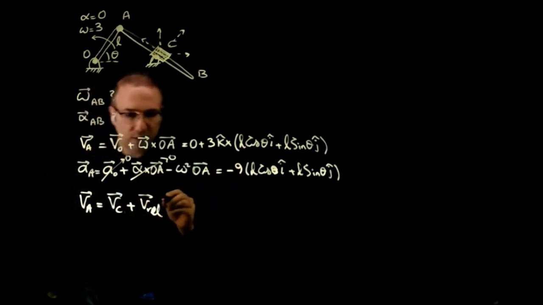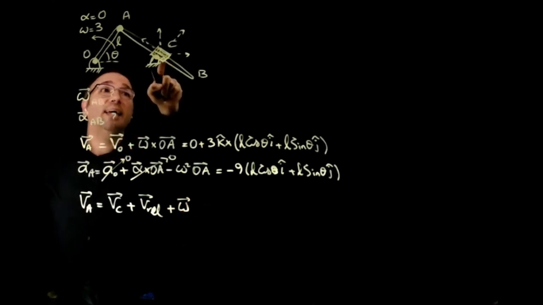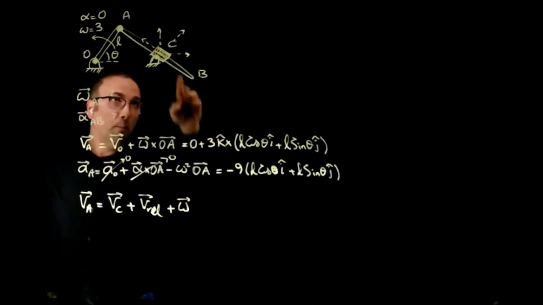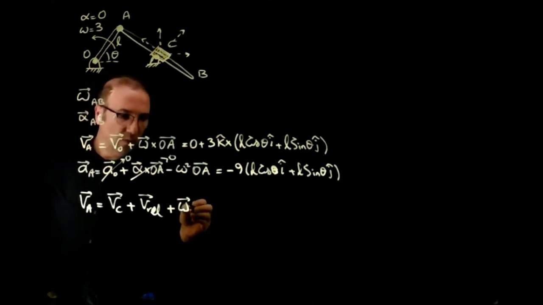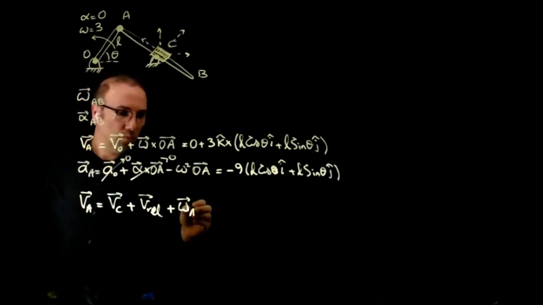This is that velocity, plus omega, this time omega of that bar AB, cross CA.